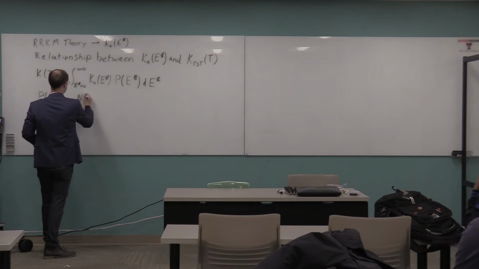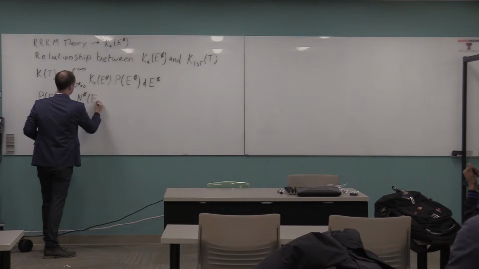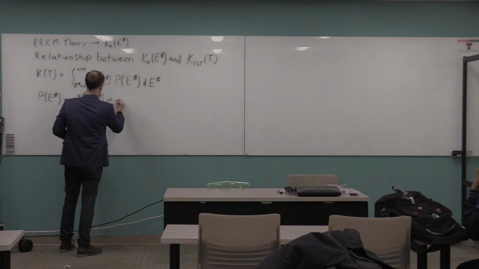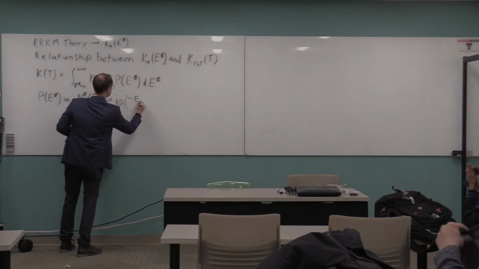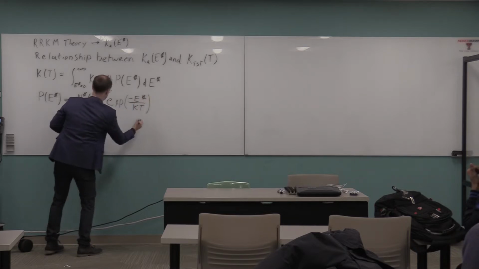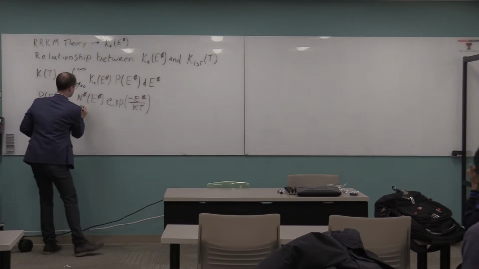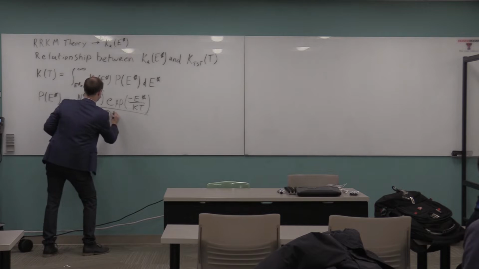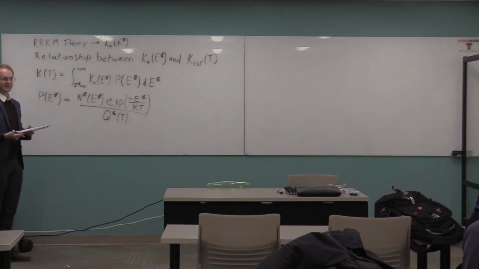So it's going to be the density of states at energy E star times exponential of minus E star over KT. And then in order to normalize, we have to divide by the partition function at that temperature.